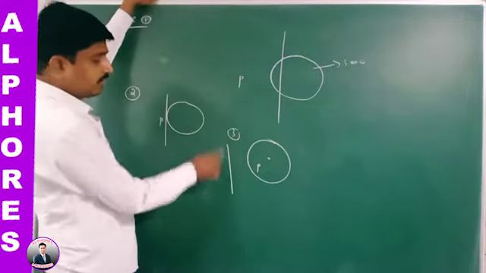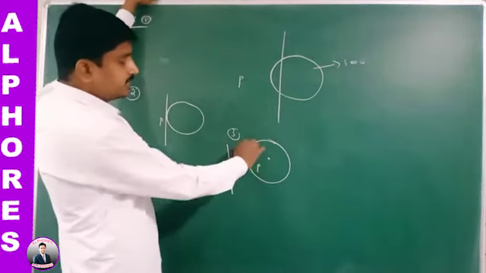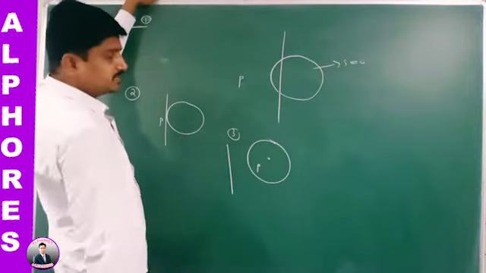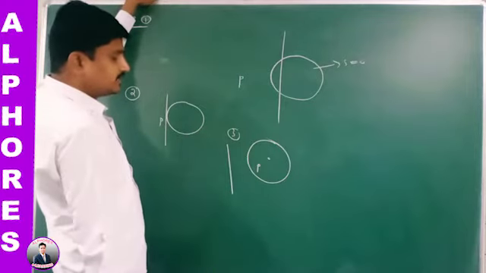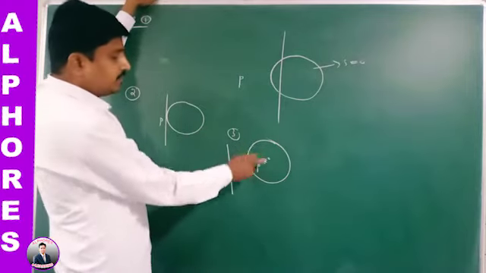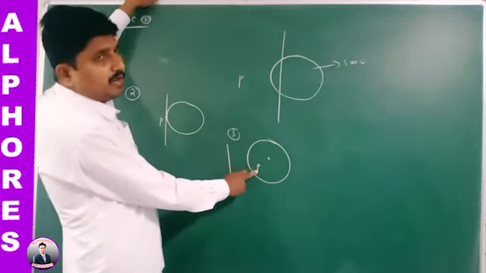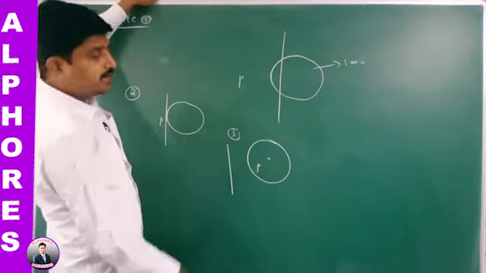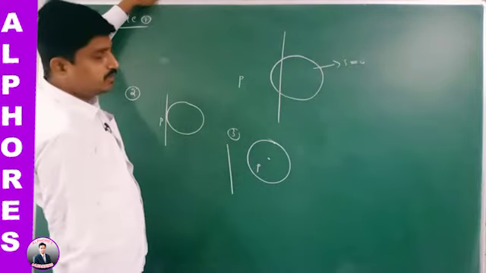This is the polar of P. The polar of P completely lies outside the circle. Actually, if the point P lies inside the circle, the chord of contact of P does not exist. But here the polar of P exists and does not meet the circle S equal to 0.